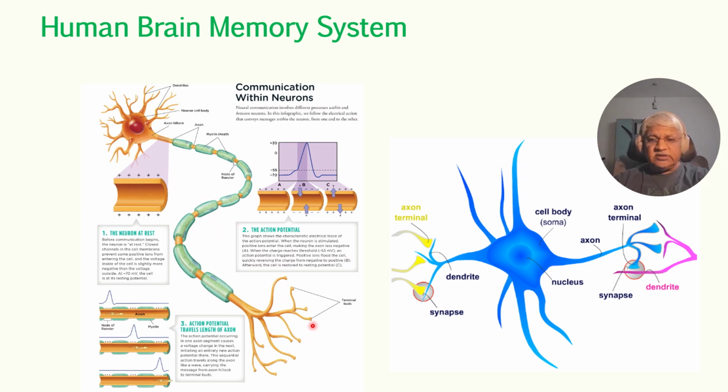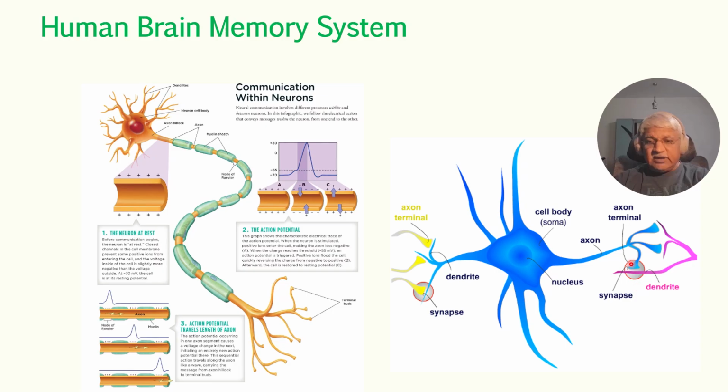But when the positive ions are pumped into this neuron, the voltage starts to build, and it goes from minus 70 to minus 50 millivolts and all the way up to plus 30 millivolts. When that happens, the positive ions trickle from one axon element to another, and come all the way up to this axon terminal.